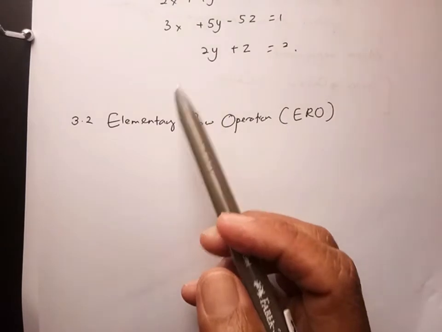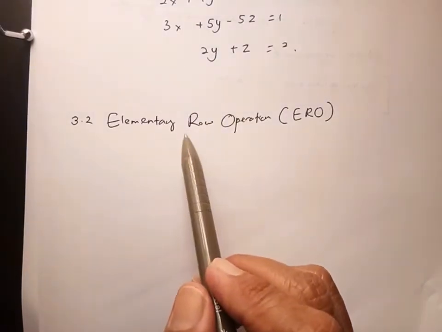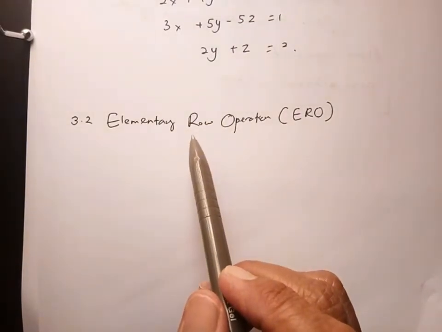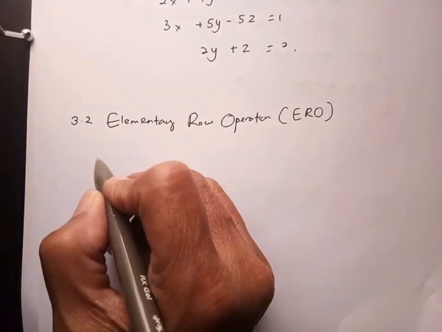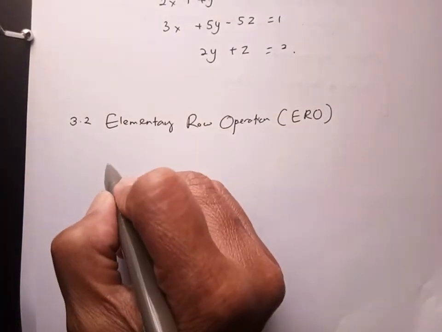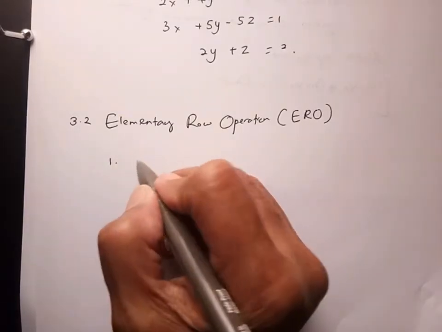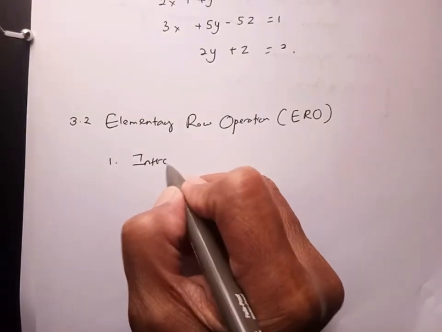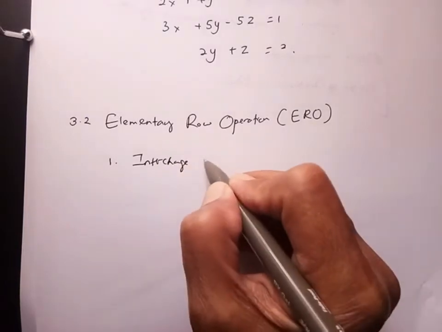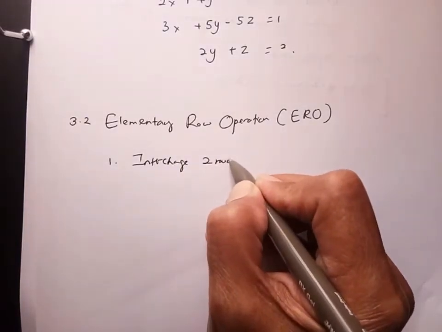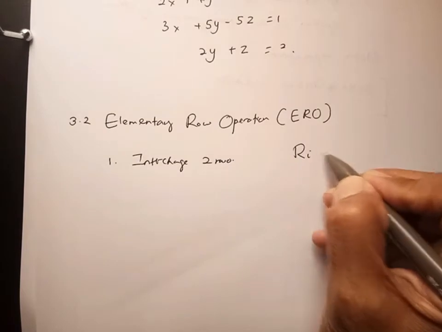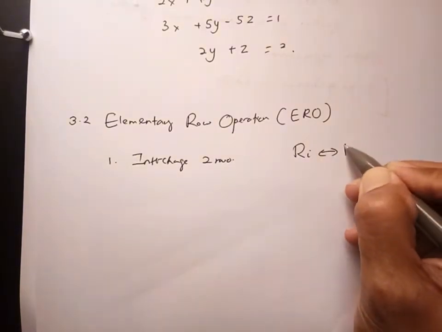Okay, there are 3 types of operations involved in elementary row operation. Only 3 types are possible. The first type is interchanging 2 rows. We can only interchange 2 rows, which is row i, you can interchange it with row j.